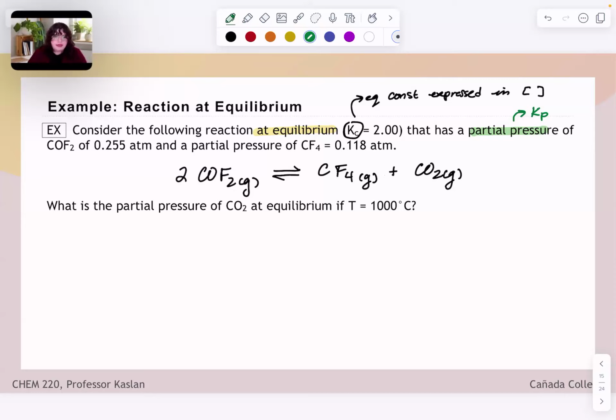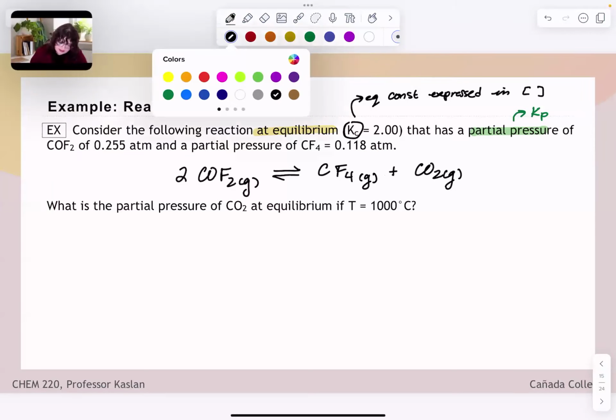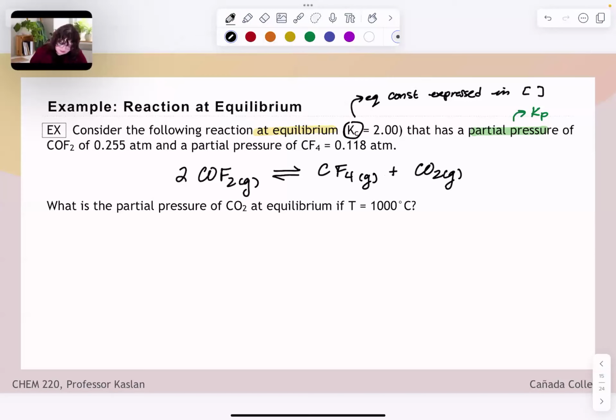But I've been given the partial pressures of each of my products. Nope, I got one reactant here. So I know that the partial pressure of this at equilibrium is equal to 0.255 atmospheres.